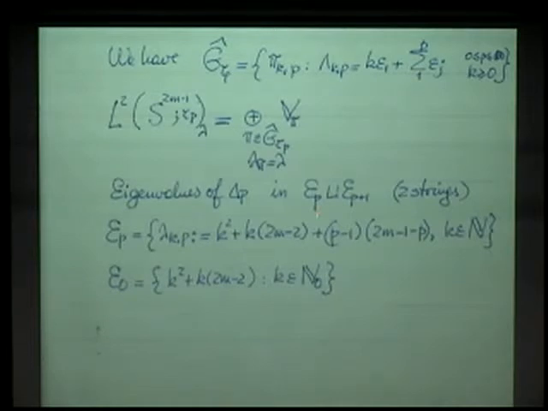So this is like two strings. If you take k equal 1, 2, and so on, they are infinite strings, and they are disjoint. If you put p plus 1 or p, then you get disjoint sets.